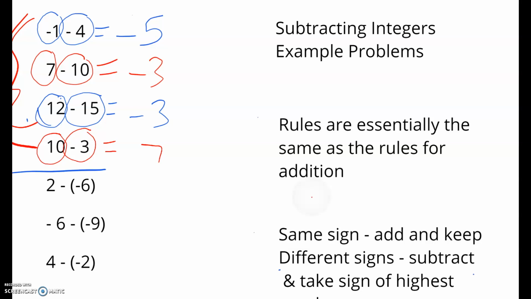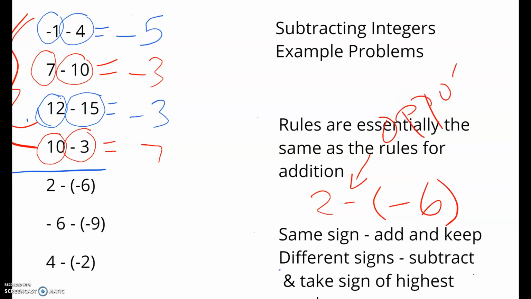When we have 2 negatives in a row, 2 minus negative 6, a negative symbol could be looked at as meaning the opposite. So when I see 2 negatives in a row, what I'm thinking is the first one tells me to take the opposite of the second one. And so this first number is saying, all right, I need to change the sign on the 6.